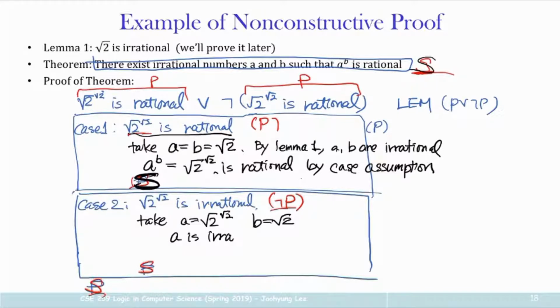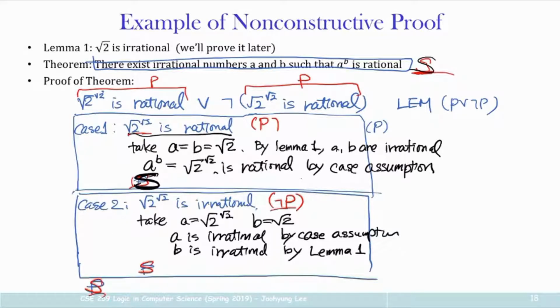Why? By case assumption. Is b irrational? By what? Lemma 1. We didn't prove it, but let's assume for the time being that it's true.